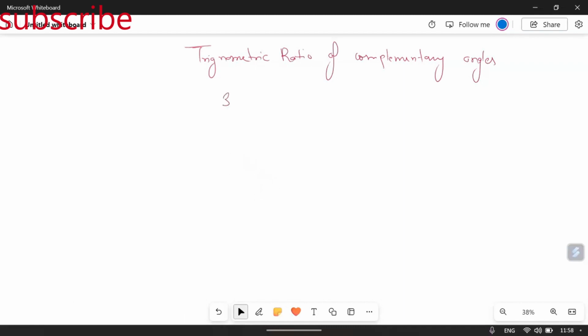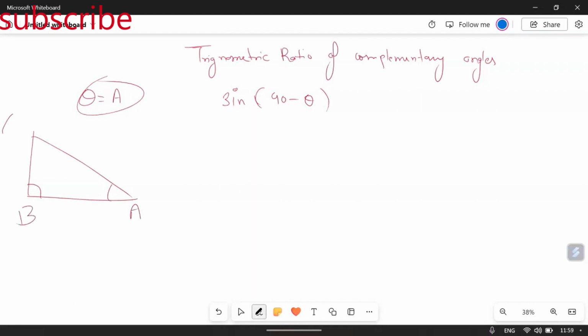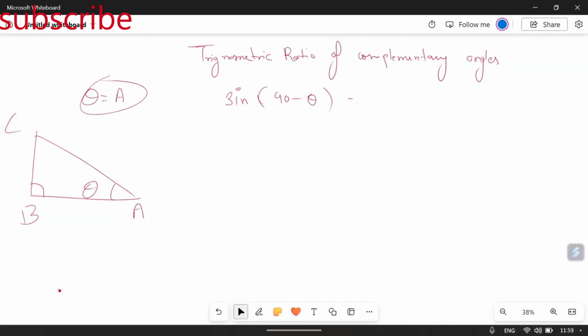Sine 90 minus theta. A or theta is equal. Theta is an angle, so it can be A. For example, if I am drawing the triangle, this is your A, B, C. So this can be called theta. That is always equal to cos theta.